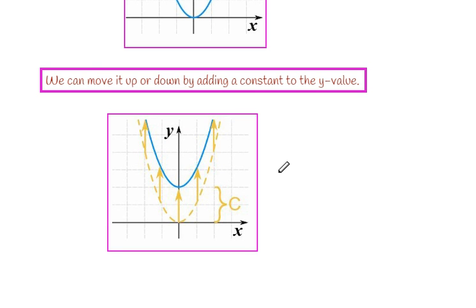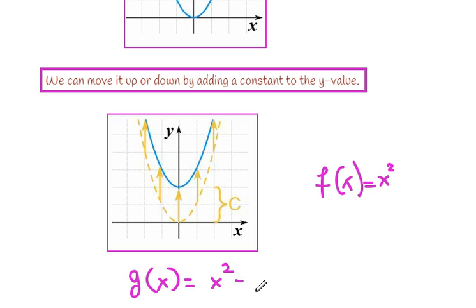It is transformed by some units. Let's say this is a constant c. It can be any number, 1, 2, 3. So what happened is, original function was f of x equal x square, so the transformed function is g of x equal x square plus c.